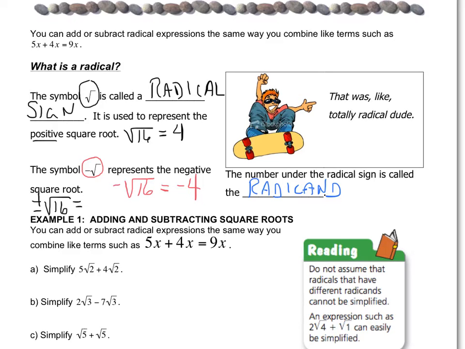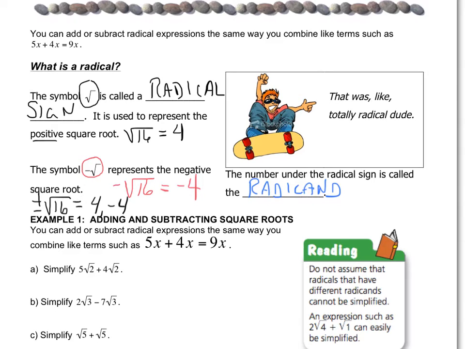It's saying what it sounds like: it wants both the positive square root and the negative square root of 16. We know that 4 and negative 4 give me 16 if I multiply them by themselves, so our answers would be 4 and negative 4.